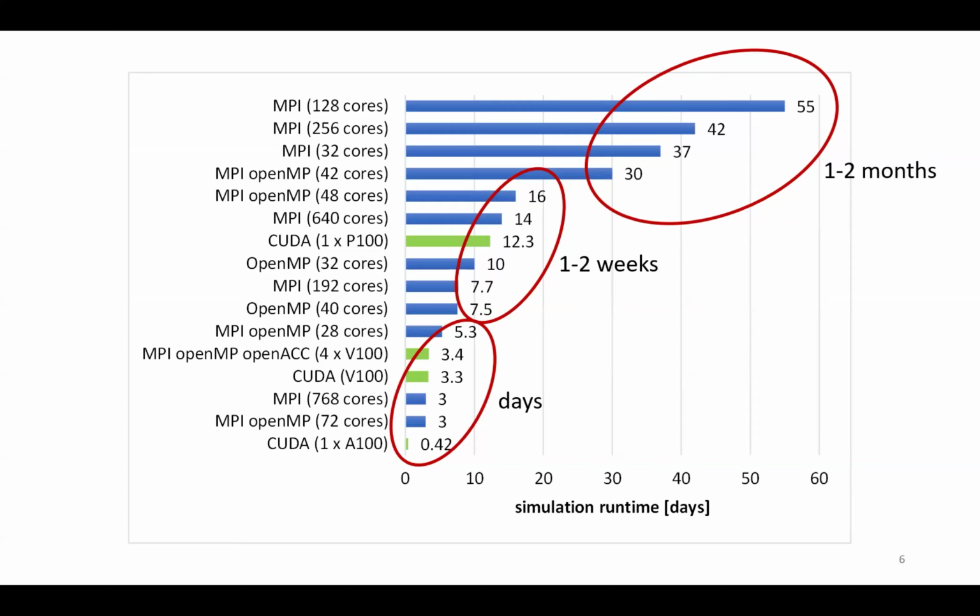So we started with a GPU program, and you can guess it's not the best one, because I want to talk about performance optimization. So this is the baseline code that we wanted to check, improve, and optimize. Okay, so that was executing in 12 days, and the others were significantly faster. So what is the difference?